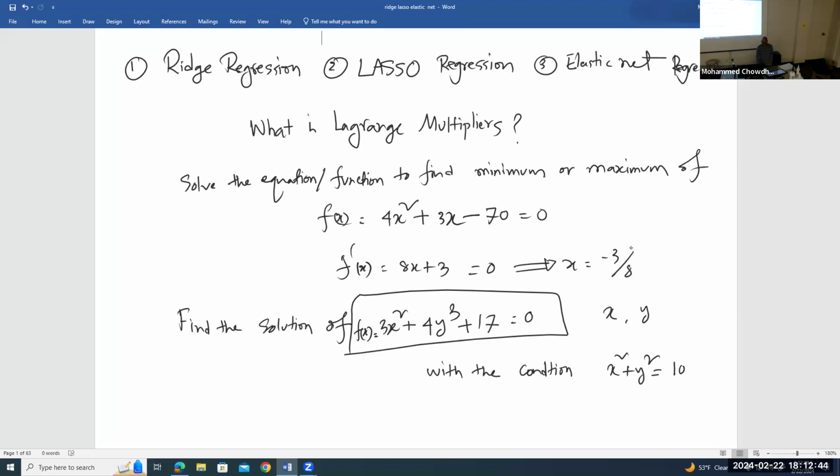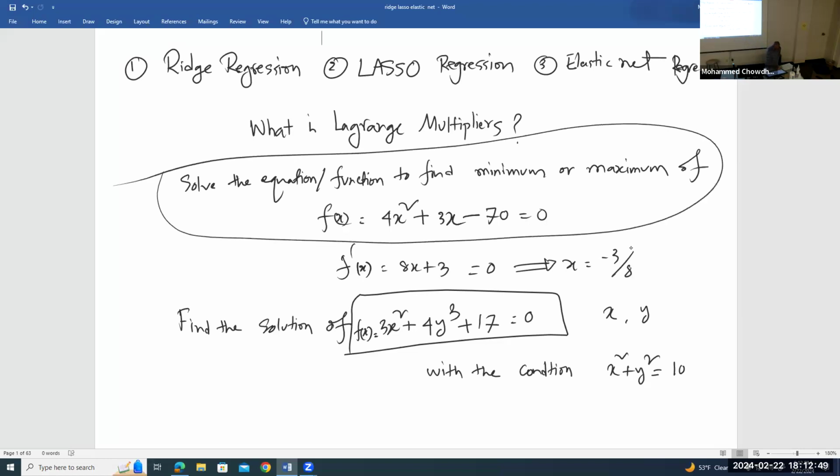So this is an unconditional function, that is unconditional function. There is no restrictions. Now I have written a function 3x square plus 4y square plus 17, under the condition that you have to find the value of x and y so that x square plus y square must not exceed 10. Okay?